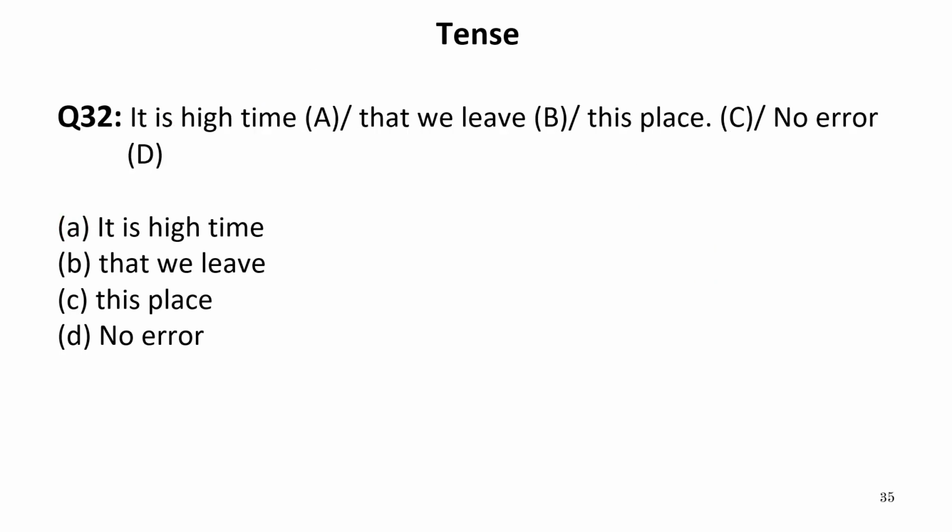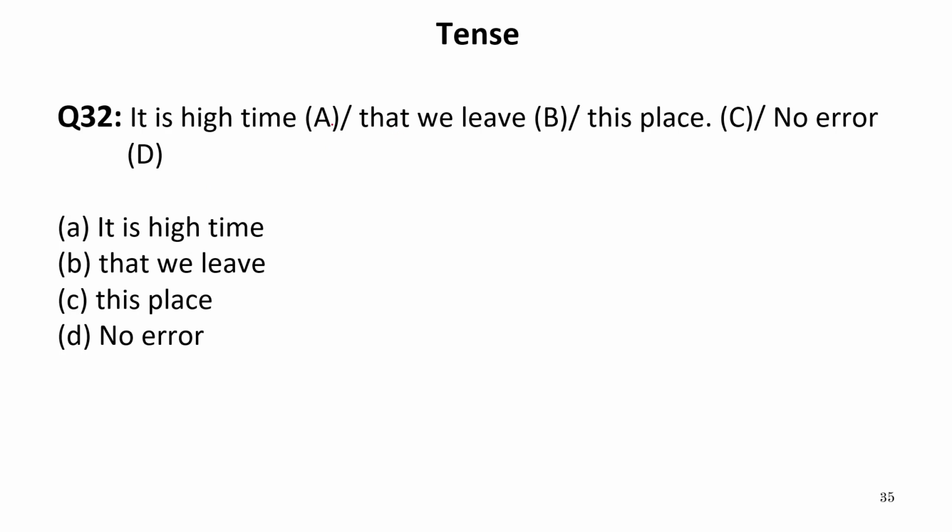It is high time that we leave this place. I have already told you that if the sentence contains an expression like it is time, it is high time, it is about time, and this expression is followed by any noun or pronoun, we have to use verb second form or simple past form of the verb.